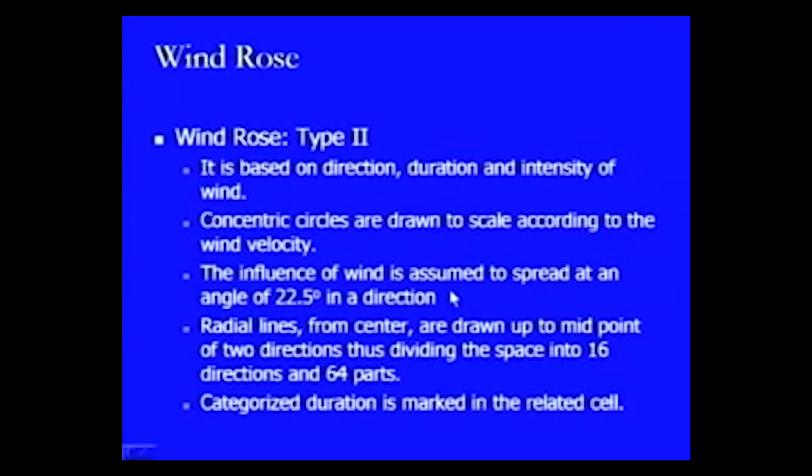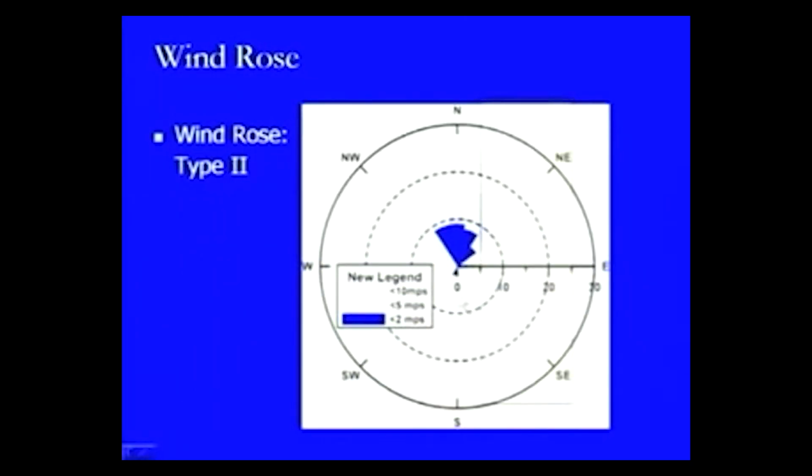Whatever duration we have found for that direction, we can write down in the cell related to that one. Here, this is the speed of the wind: 0, 10, 20, 30. So, the concentric circles have been drawn accordingly. Now, this is one direction, this is another direction, and there is a direction in the center here as north northeast.